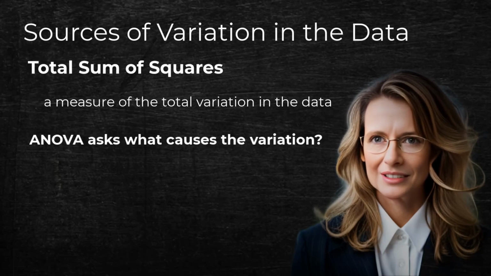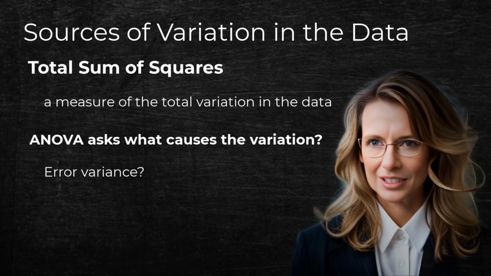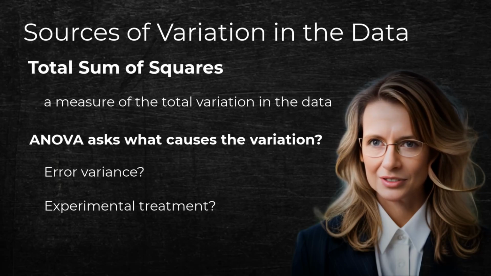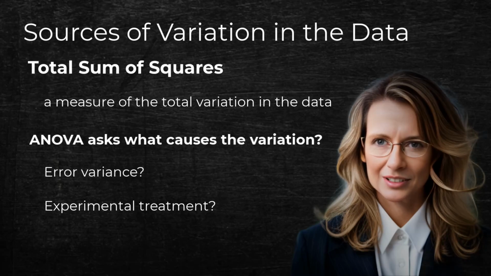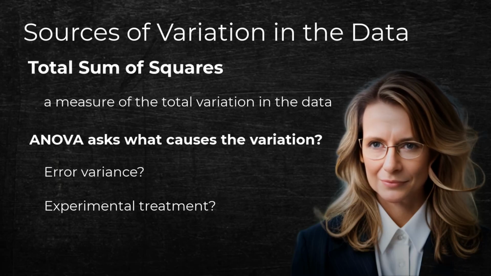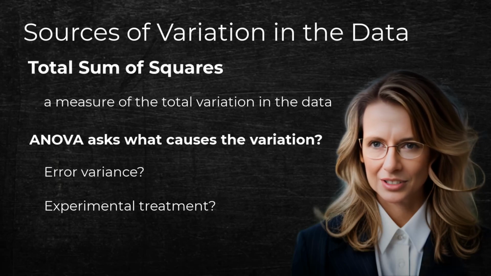Is this variation simply a result of the expected error variance that occurs because individuals respond differently anytime they are measured on anything? Or is it also caused by the experimental treatment in a study? Another way of asking the same question is whether the same amount of variation in the data would have been observed if we simply performed the same measurement on the same individuals, but without subjecting them to any experimental treatment at all.